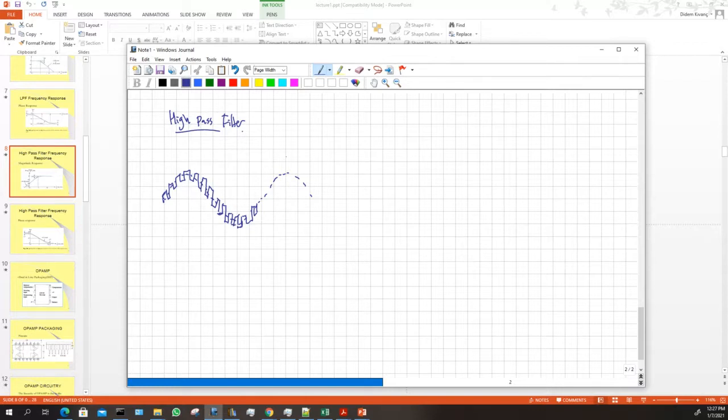So the input is the signal plus the 50 or 60 hertz power wave, and at the output of this I will see my nice square wave, because the 60 hertz variation is very small for the system.